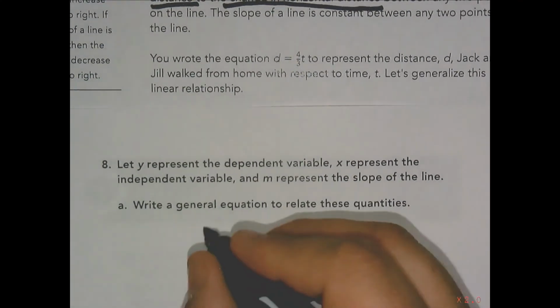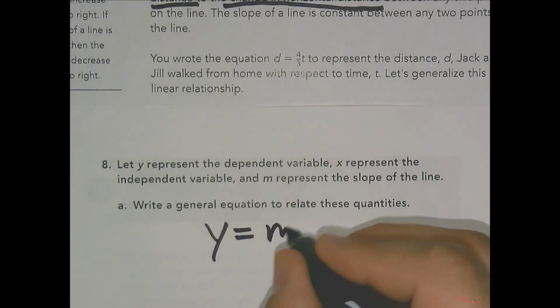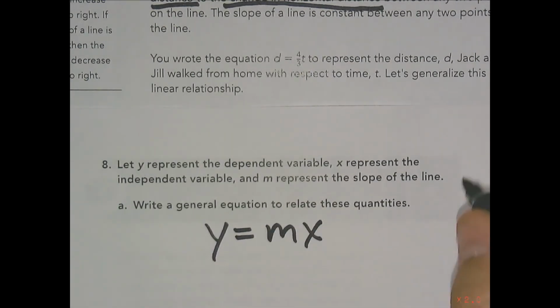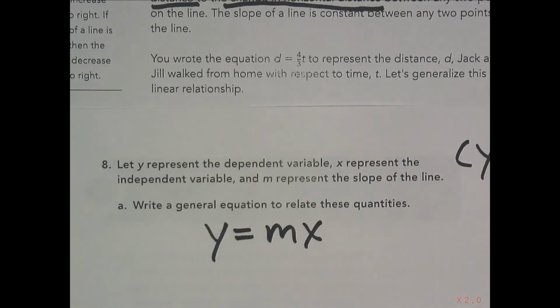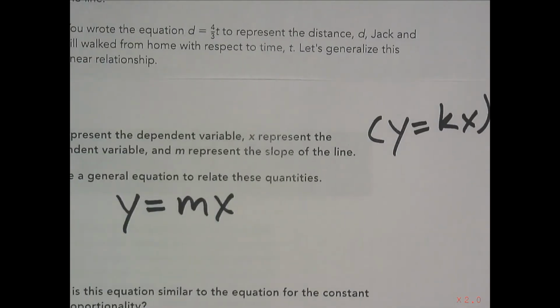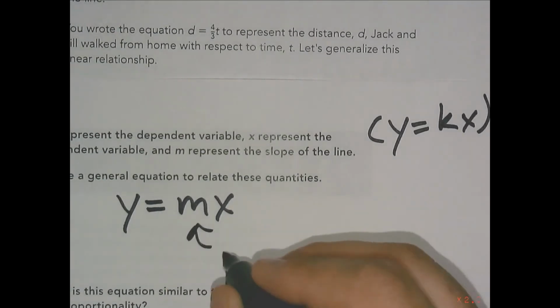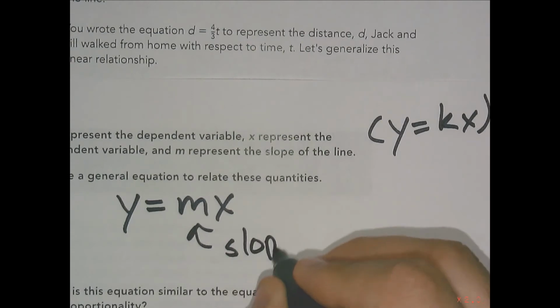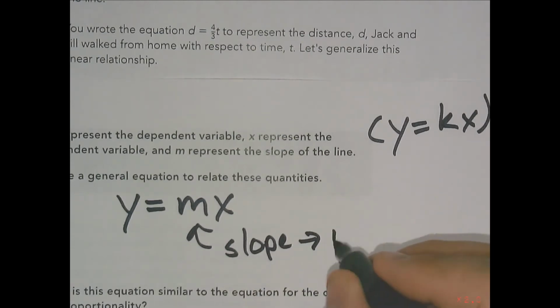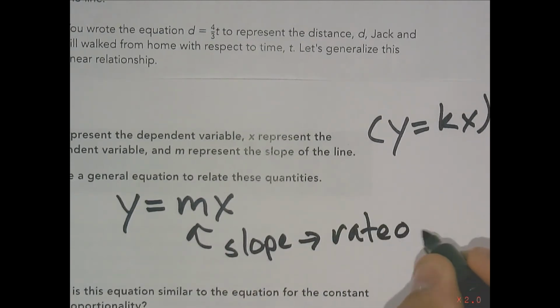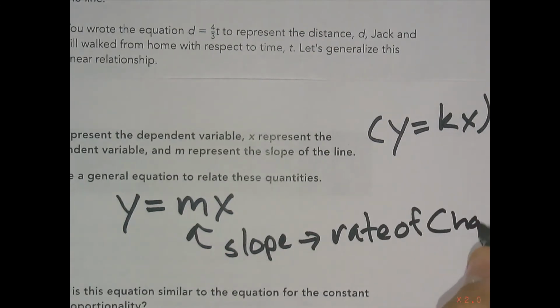So what they're saying is y equals mx. Remember, that's kind of like y equals kx, where k was the constant of proportionality, where this is the slope, which we were referring to as a rate of change.